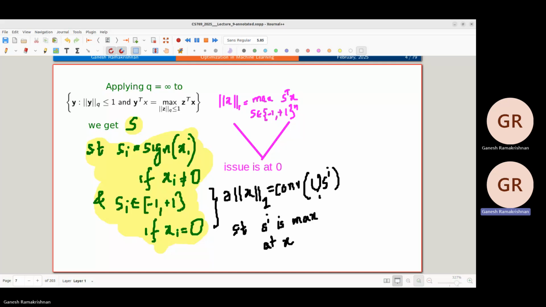Okay, so this expression can be written more fancifully as the convex hull of the set minus 1 comma plus 1.